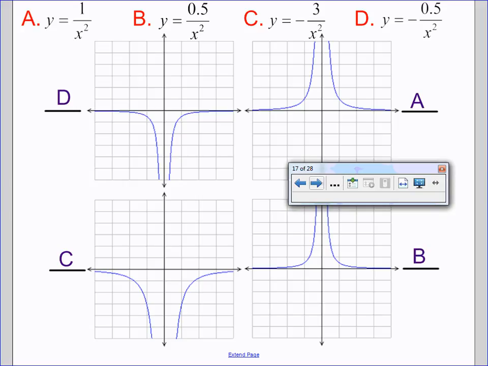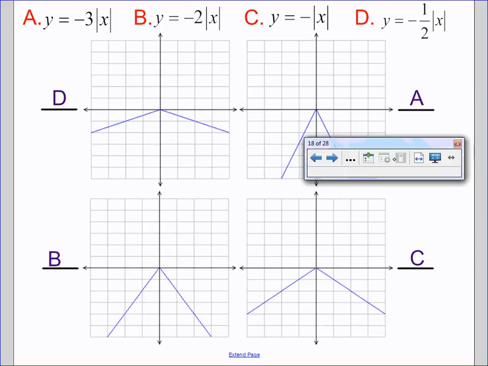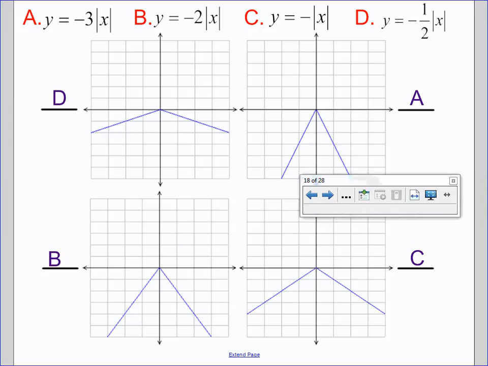And the inverse squaring function, D, A, C, B. Absolute value, D, A, B, C.